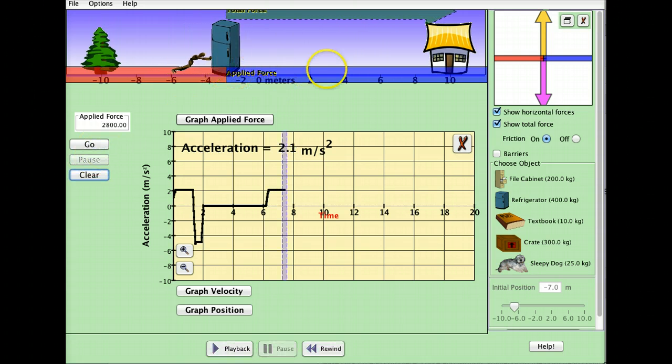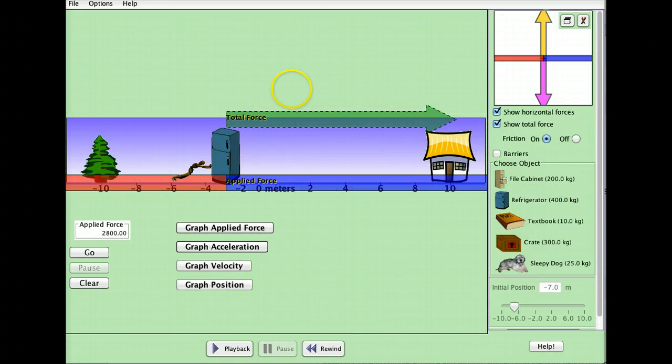So notice, it's off our scale, we can't see it, but the applied force has overcome the force of friction, and now we can move it. We may not be moving it very fast, but we're moving it. So that's essentially what this is about. This is the total force in this direction.